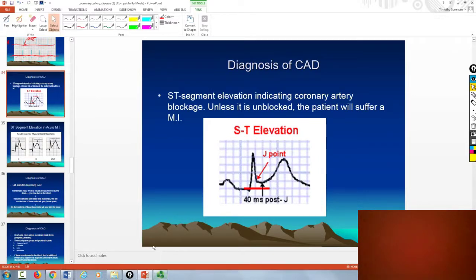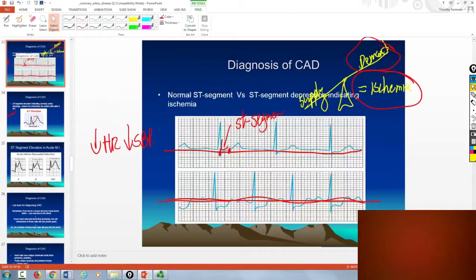Okay, so let's look at the difference, again, between ischemia and infarct, right? Death of heart muscle. Now, remember, ischemia is a lack of blood flow.